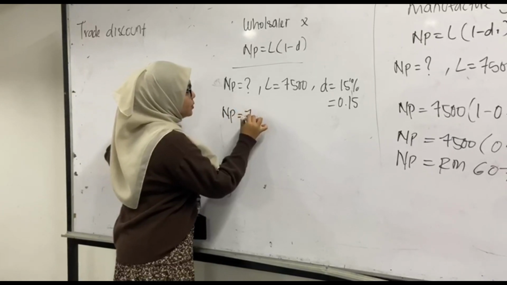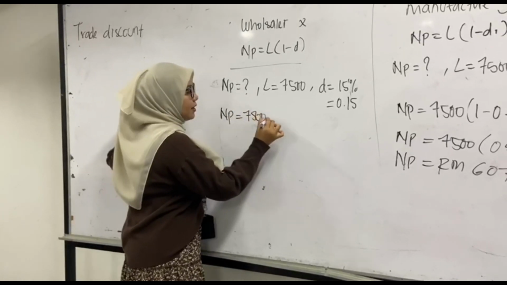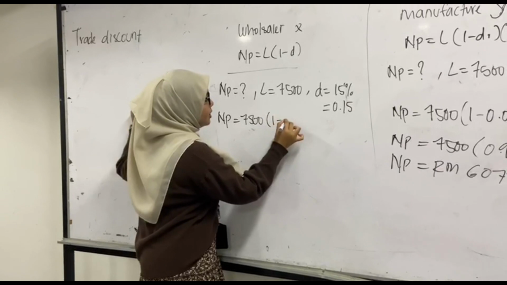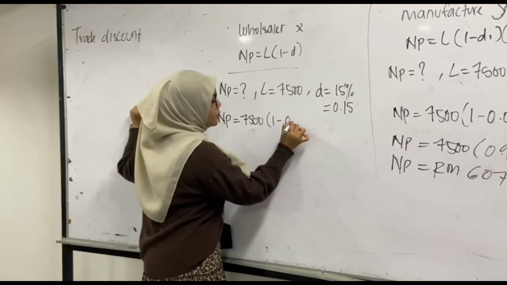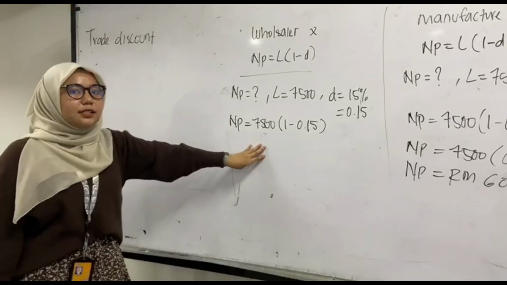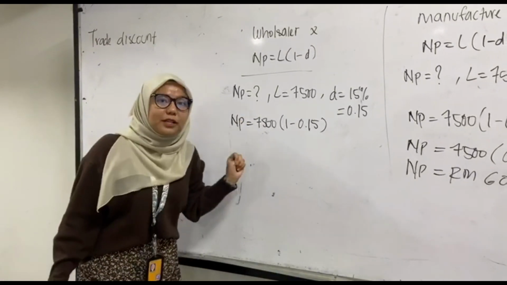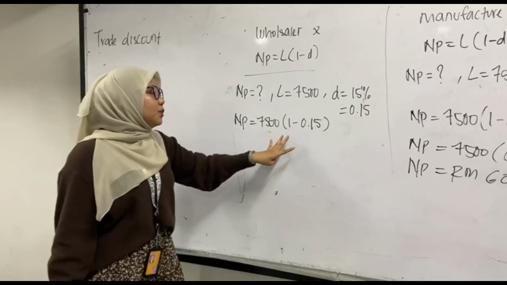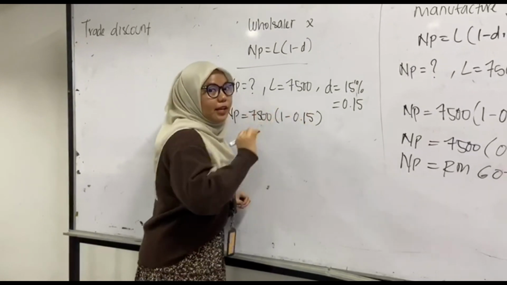NP equals 7,500 times 1 minus 0.15. When you see this kind of question, you have to use BODMAS first. For example, you do the brackets first.